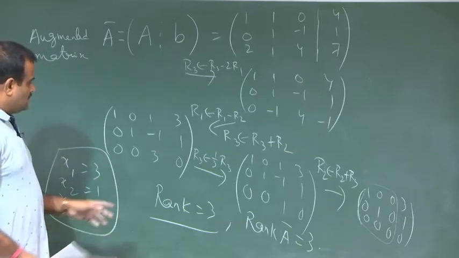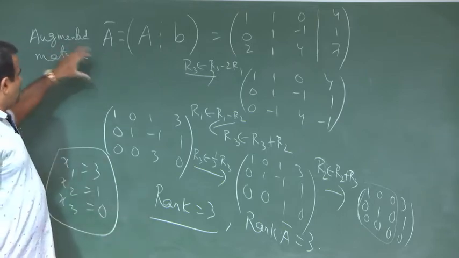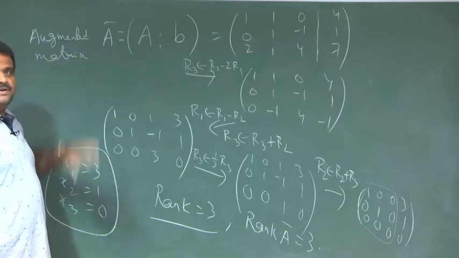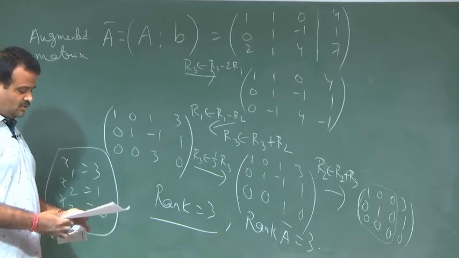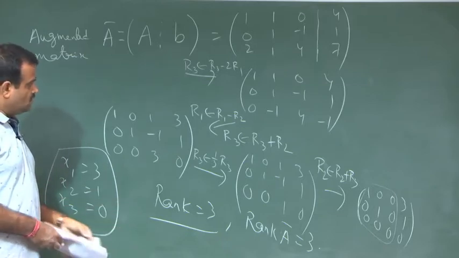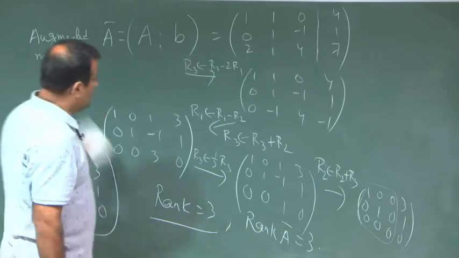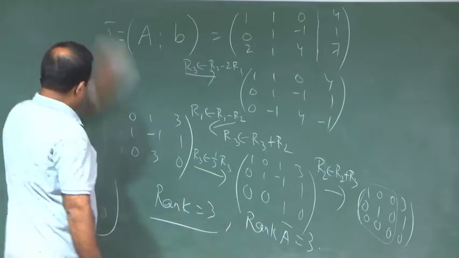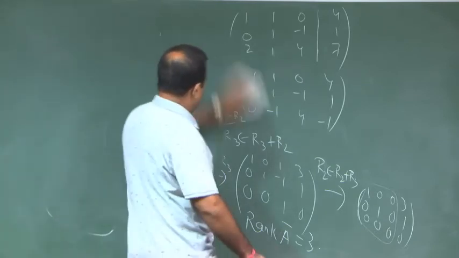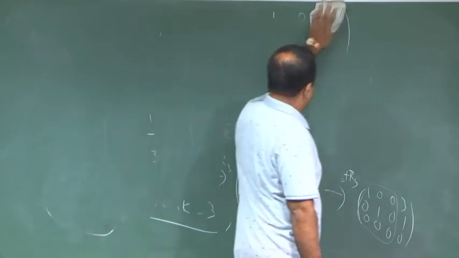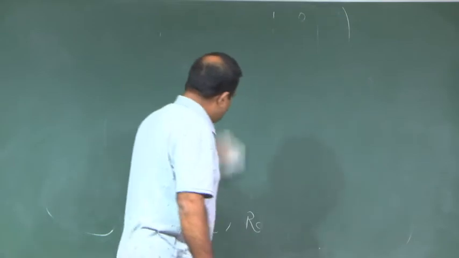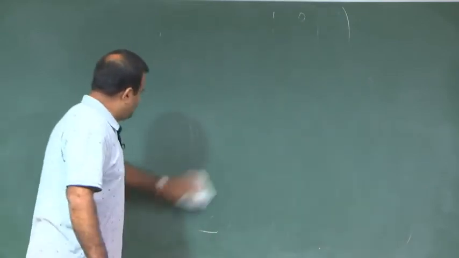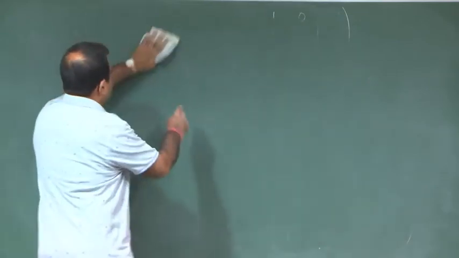Now here there is an observation that the rank of the matrix and the rank of the augmented matrix should be the same in order to have a solution, otherwise there will be no solutions. So we will write that if the rank of the matrix and the rank of the augmented matrix are not the same, then there will be no solution.